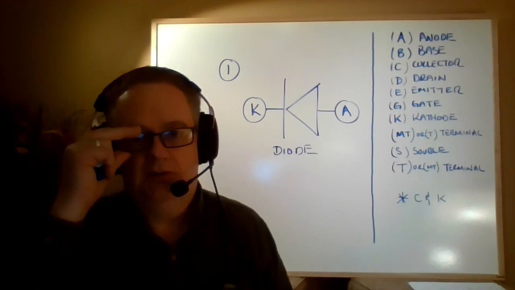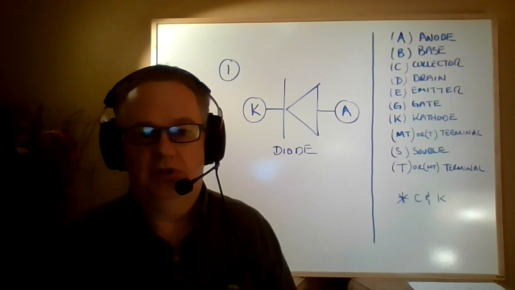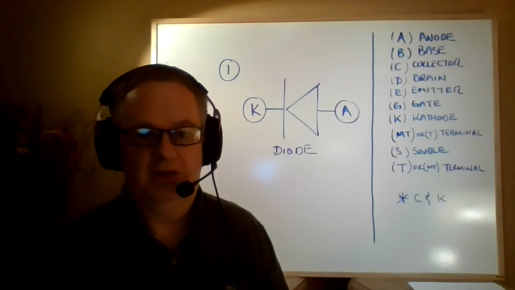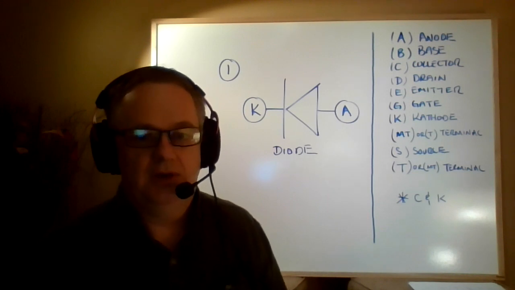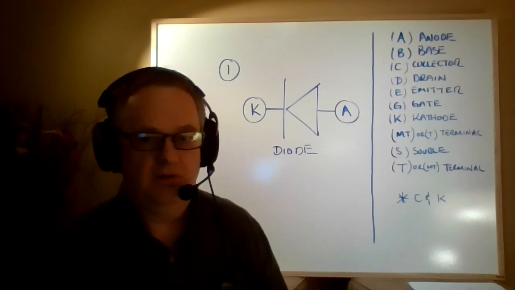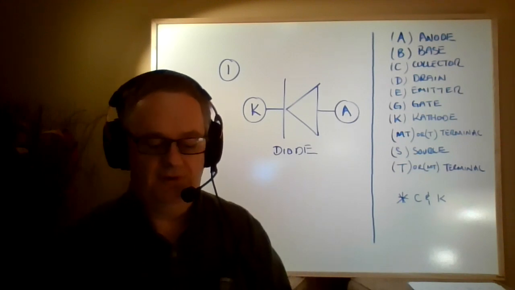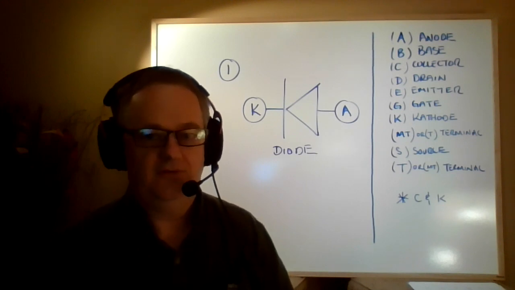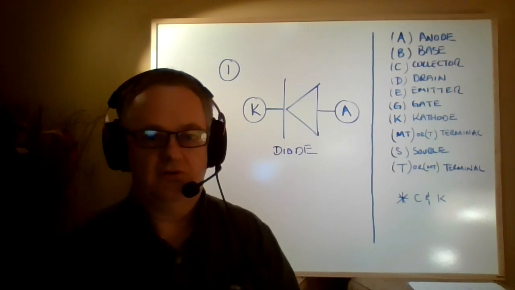All right. Now, here's how the assignment is going to look, and I'm going to do number 1 for you for an example. I'm going to draw the symbol for you, and what I want you to do is find out what that component is, do a little bit of research.